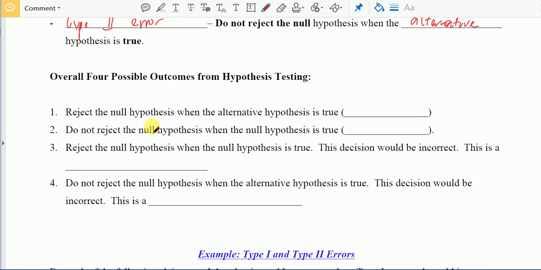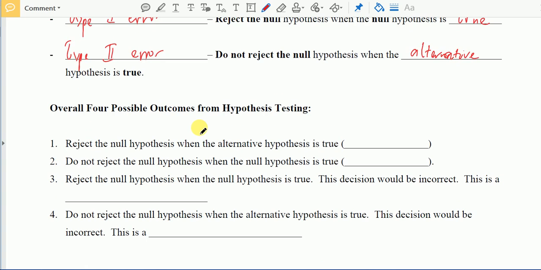So let's see the four possible outcomes from hypothesis testing. Reject the null hypothesis when the alternative hypothesis is true: this is correct. Do not reject the null hypothesis when the null hypothesis is true: this is also correct.